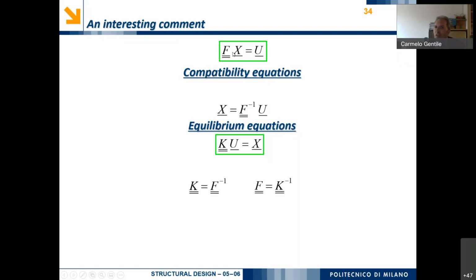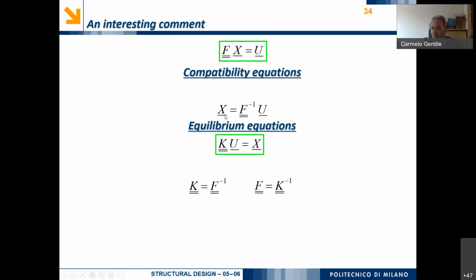But of course, it is possible to make an inversion of this linear system by evaluating the inverse of matrix F. If we evaluate the inverse of matrix F, it is possible to express x, which means some generalized force, as a product of the inverse matrix of F times the displacement.